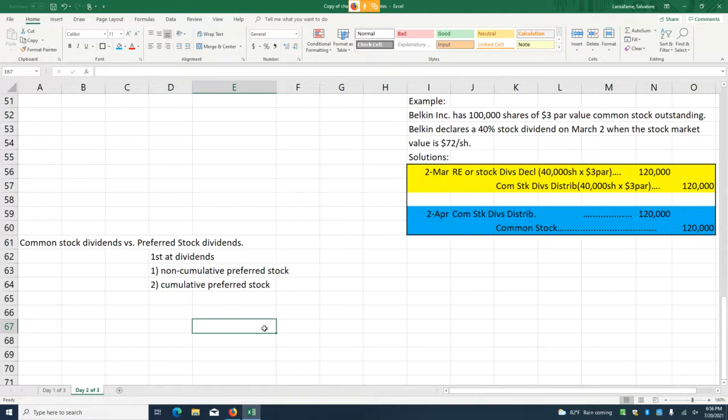Whereas if you have non-cumulative, if the company has no money this year, it's like, oh, well, sorry, you're no better than anybody else. No special preference. So you would prefer to have the cumulative over the non-cumulative. They remember you when it comes time for dividends, even when they can't afford it. Just think of it that way.